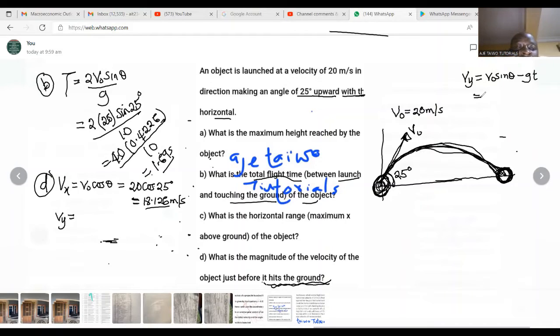Anybody, who can tell me what t will be? Time of flight divided by 2. Are you sure?